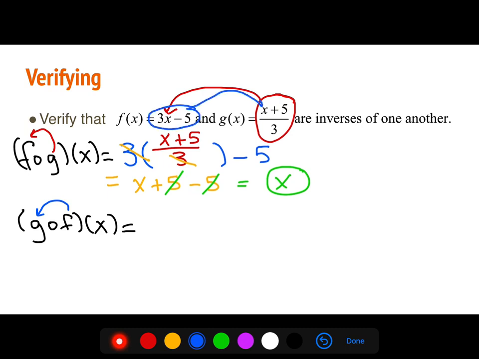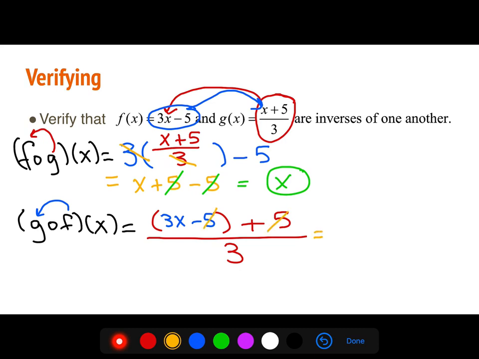Ooh, this is good news. They might be inverses. We got x, but remember we have to do both f of g and g of f and get x both times. So g of f means that you're sticking f inside g. So here's f. We're going to shove it into g. Well, g starts out with x plus 5 over 3.